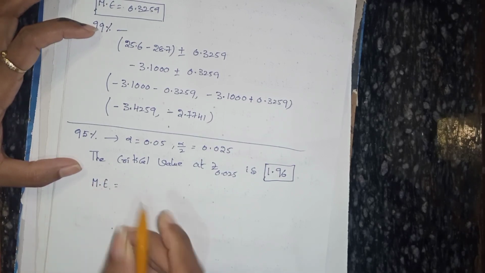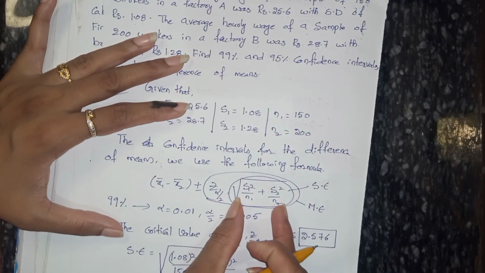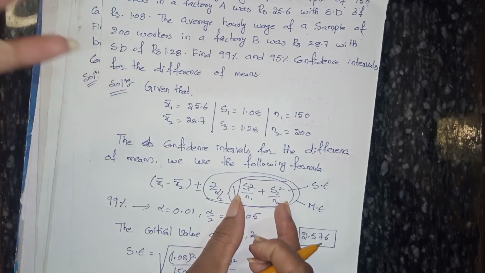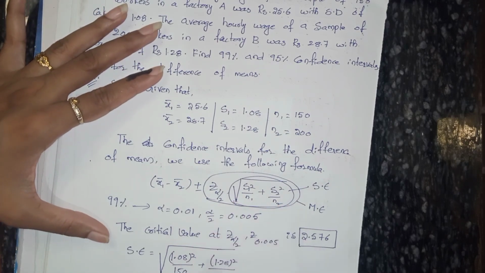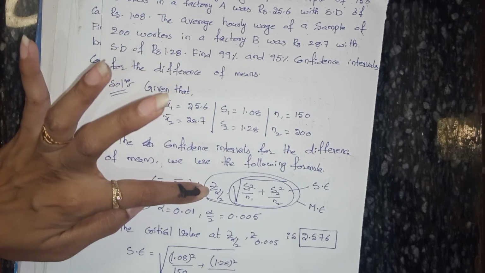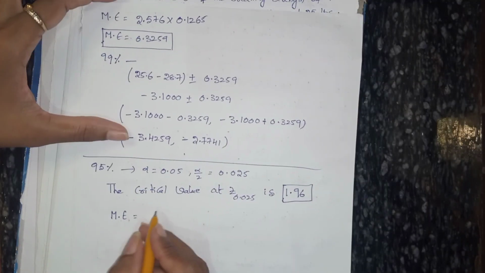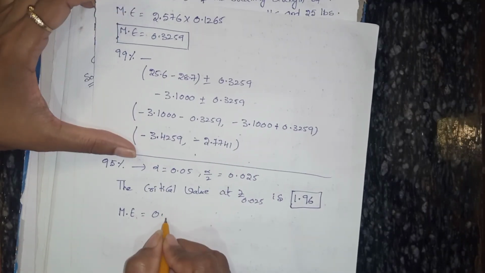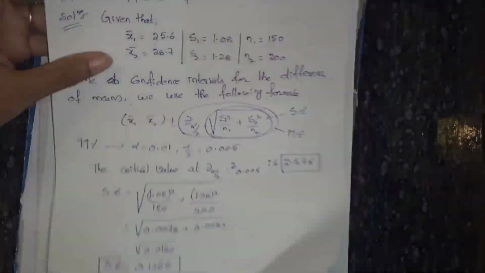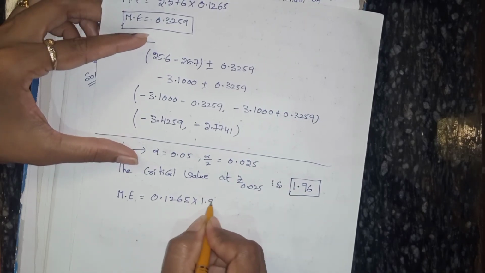Now we have to calculate the margin of error. We already calculated the standard error, and it will not change for 99% or 95%. So that value is 0.1265 into Z alpha by 2, which is 1.96.